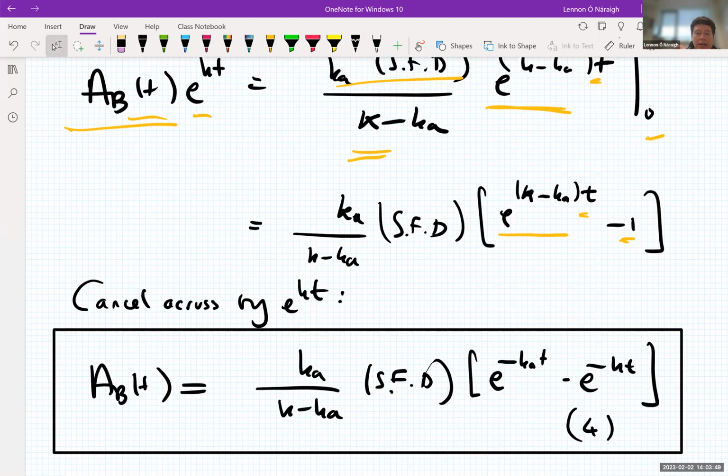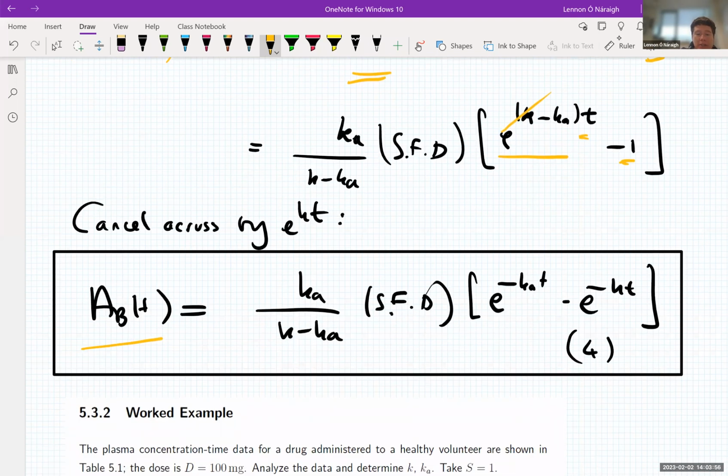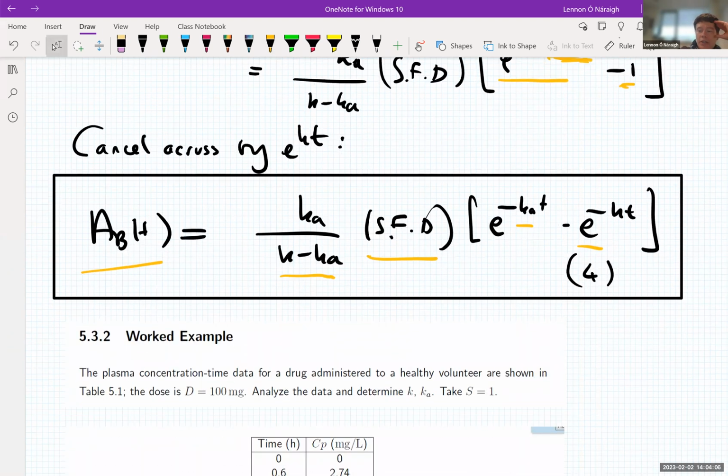Now I cancel both sides by the e to the Kt. So I get AB at time t is Ka over K minus Ka times SFD, times e to the minus Ka t minus e to the minus Kt. This is my equation for the single compartment model with oral administration, and this is equation 4.